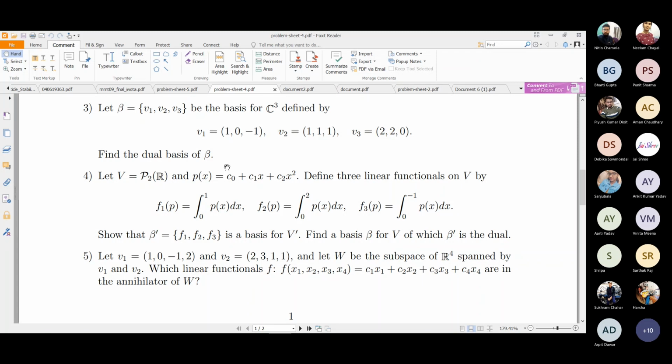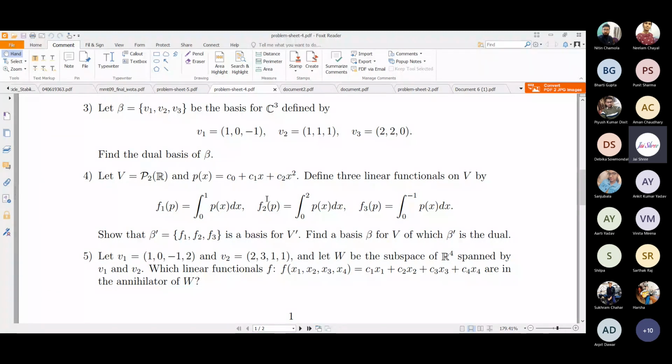What is a dual basis of a basis? If a basis of a vector space, beta, is given such that beta is V1 to Vn, then beta dash, which is F1 to Fn, will be a dual basis of beta if Fi of Vj is equal to delta ij.